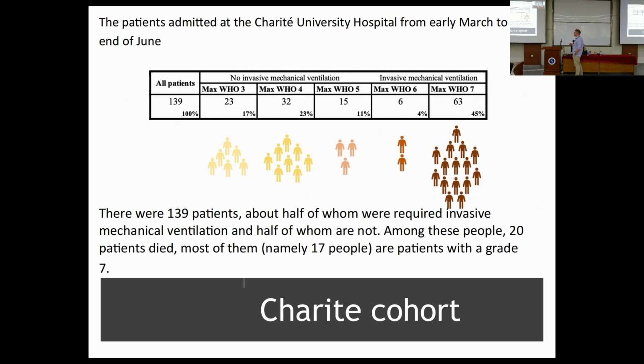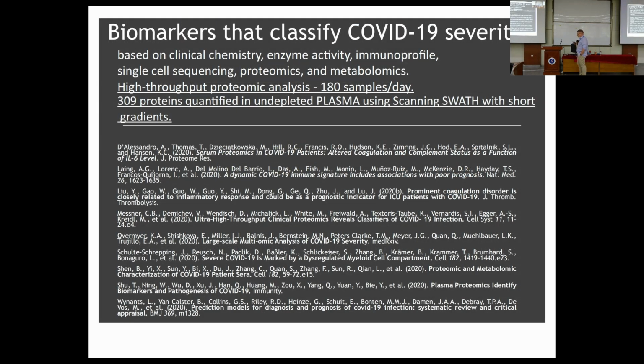Among these people 20 died, and most of them were patients with grade 7. So at that time a lot of people were trying to identify markers of these severe, unpredictable COVID symptoms. So people tried a lot of plasma proteomic or metabolomic markers.